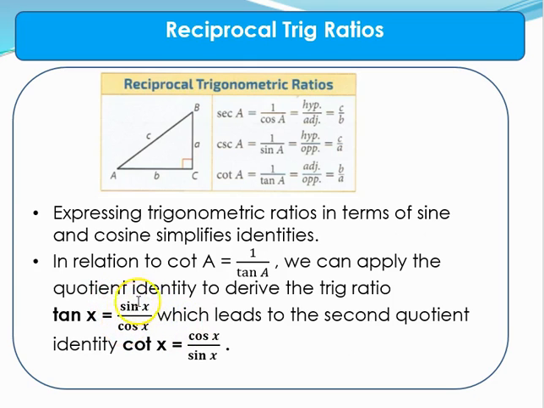Now, when we say sine x, we're talking about a whole ratio here, instead of just having maybe opposite over hypotenuse. Sine x is actually opposite over hypotenuse, and cosine is adjacent over hypotenuse, so you have actually double ratios on top of each one of these.